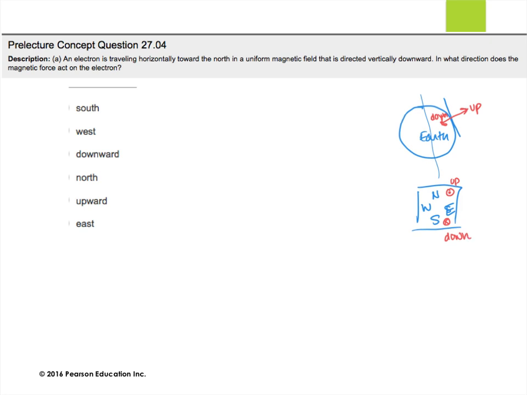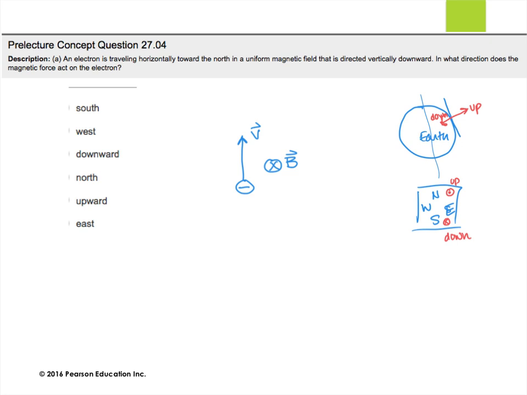All right, so we start off with an electron. It's traveling north, so that's the velocity. It says the magnetic field is directed vertically downward, so that would be represented by the x. And then we're trying to figure out what the direction of the force is.